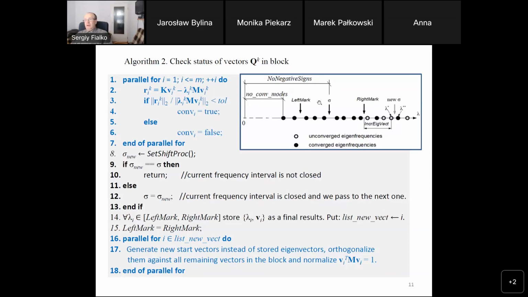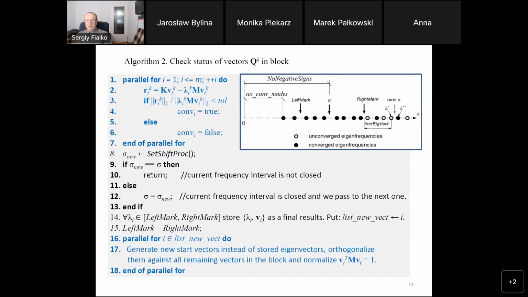If the set shift procedure detects unconverged Ritz pairs in the interval between left mark and sigma, this means that the current frequency interval from left mark to right mark is impossible to close, and this procedure returns the previous value of shift.